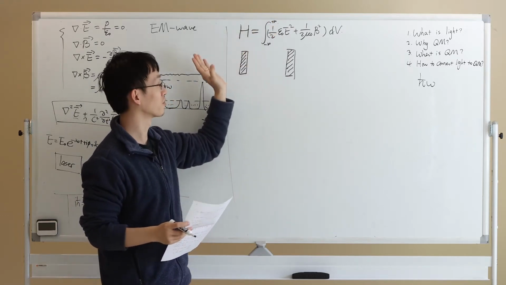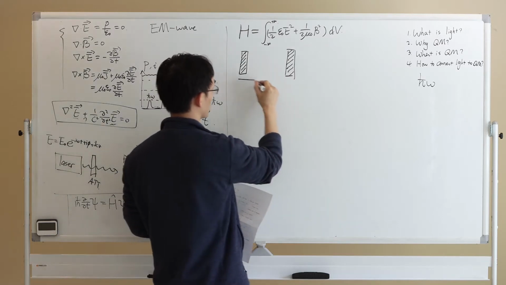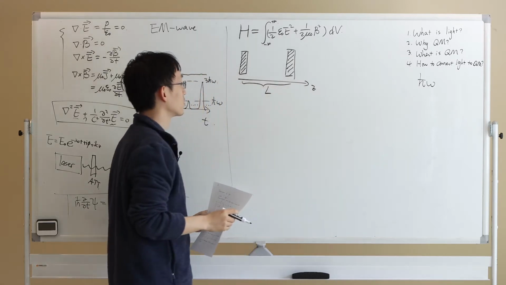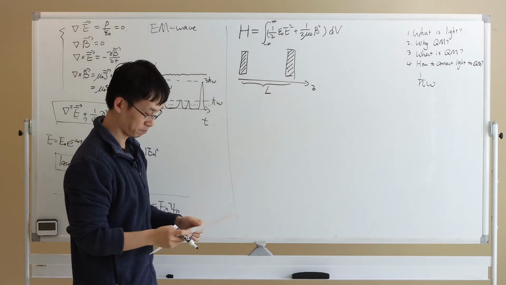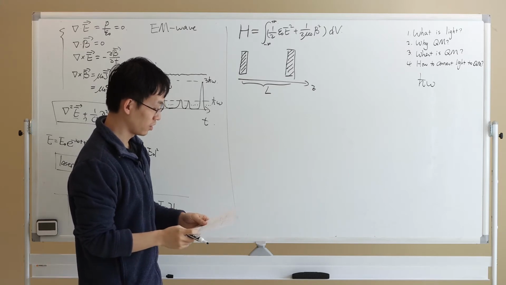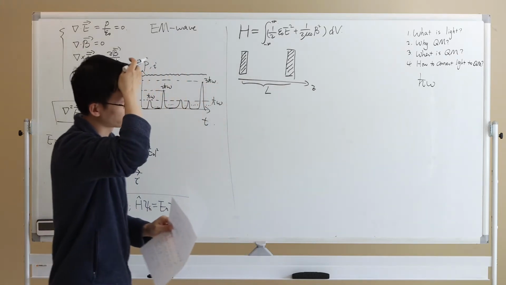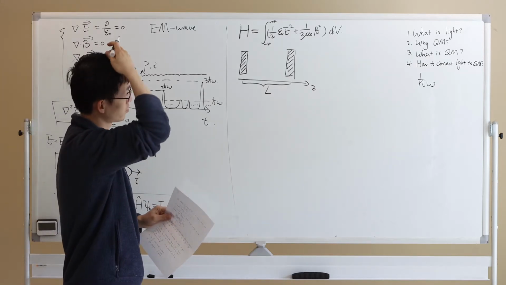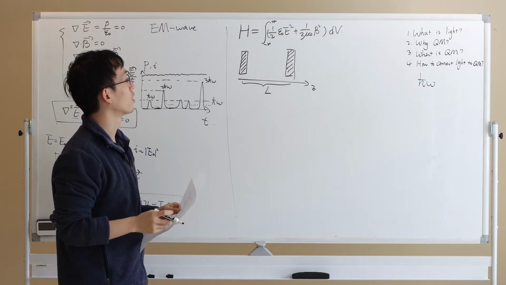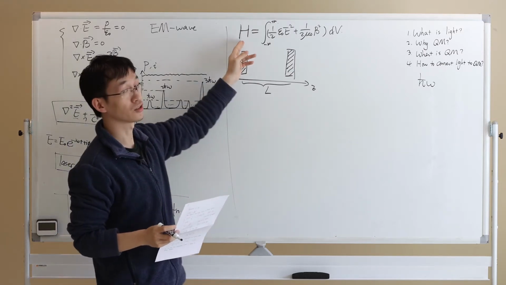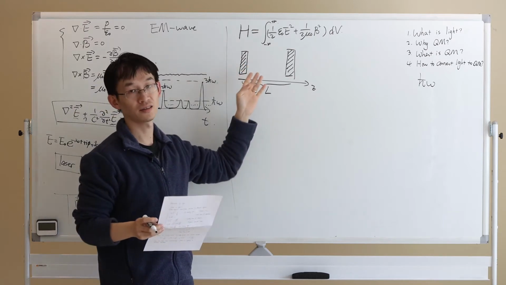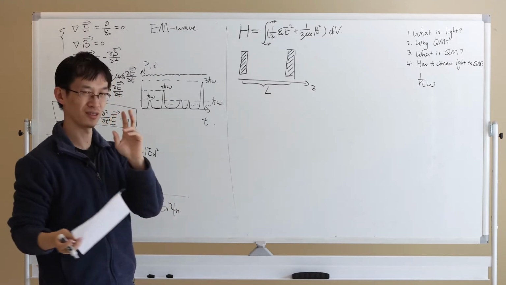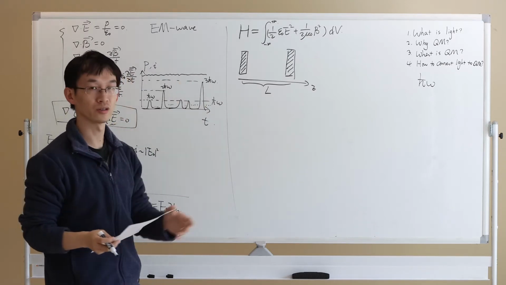Not from minus infinity to plus infinity, but if this is z, then from 0 to L. And so the task for this lecture, at least for today, is relatively simple: to write down the energy or the Hamiltonian of light in between a pair of mirrors, which sounds very trivial, and in some way it is trivial, and we'll show it to you here.